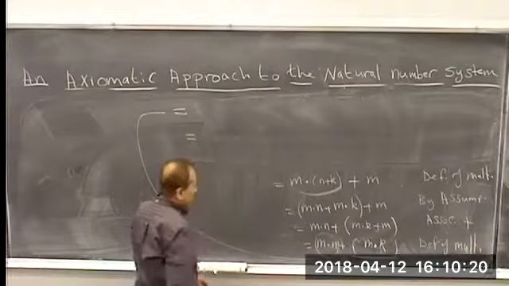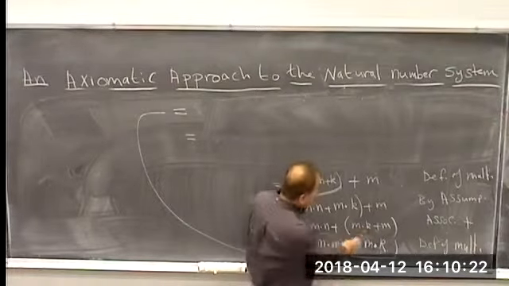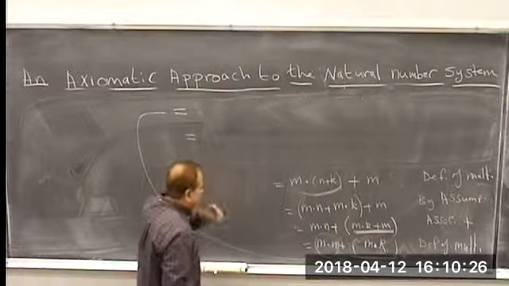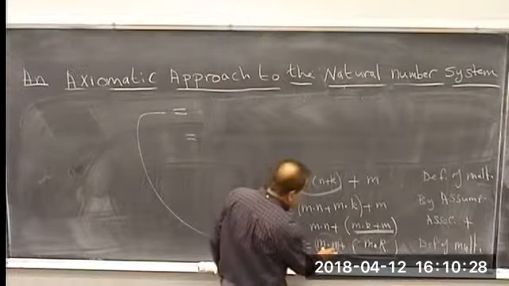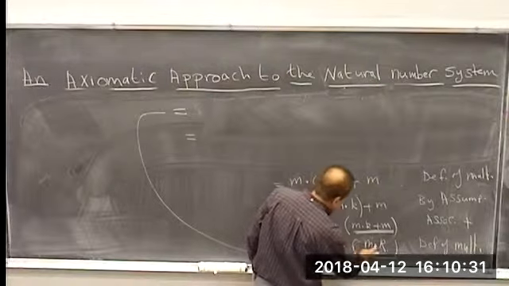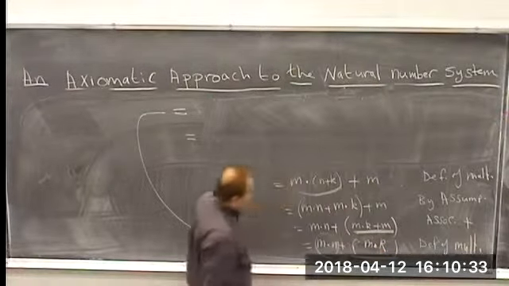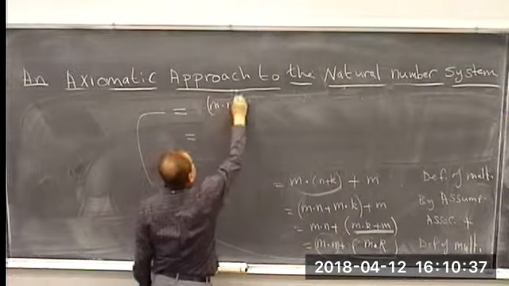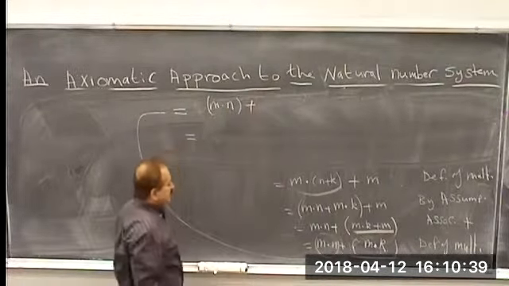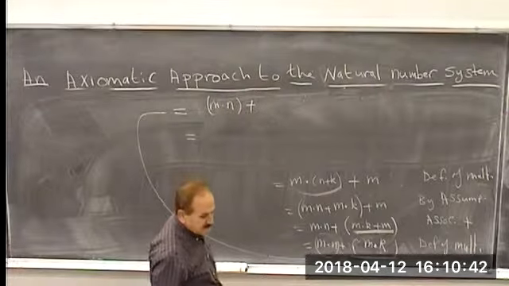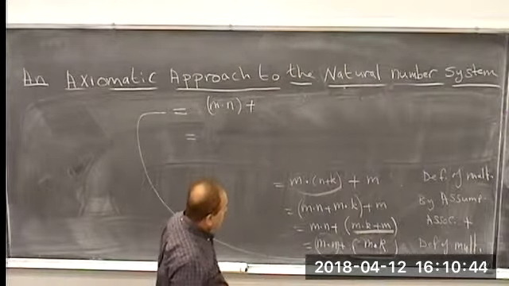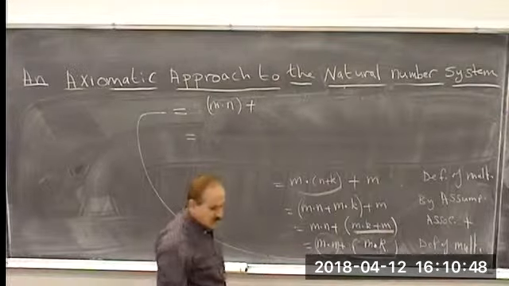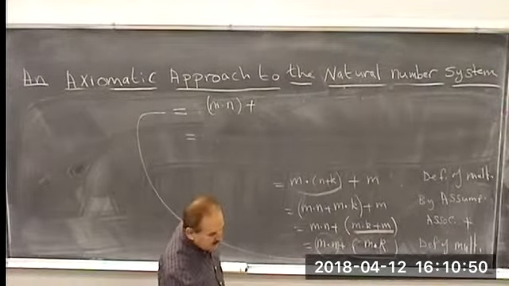Hope you see that this is a product of mk, and now we have mk, and this is equal to mn plus the successor, which is supposed to be of mk.